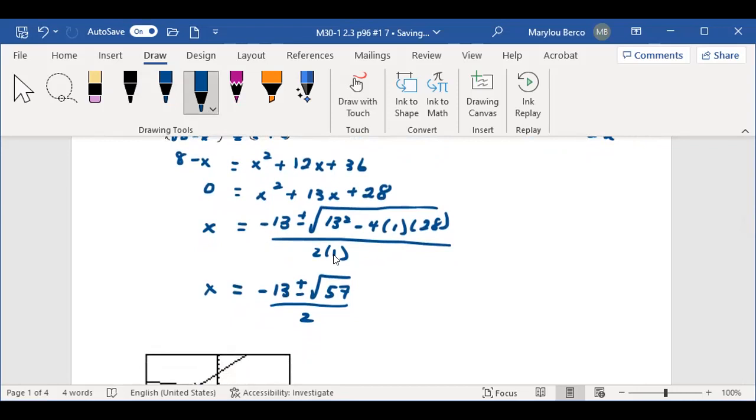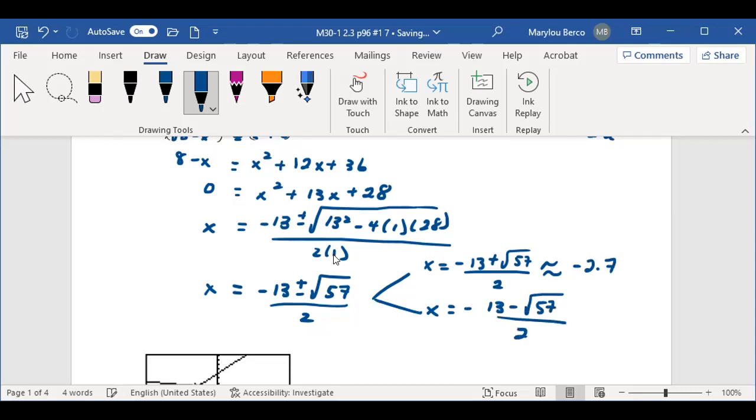And this turns out to be x equals negative 13 plus root 57 over 2, which is approximately negative 2.7, or we have to take a look at the negative possibility of the root 57, negative 13 minus root 57 over 2, which is approximately negative 10.3.